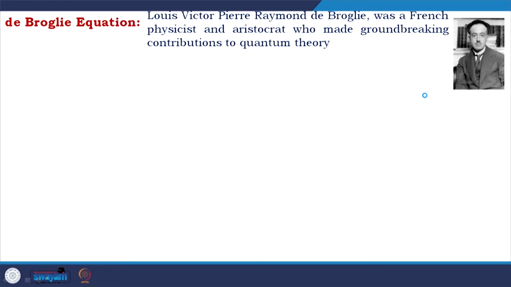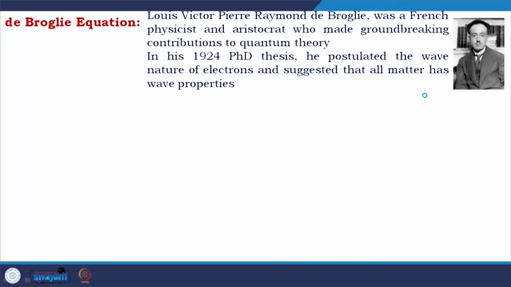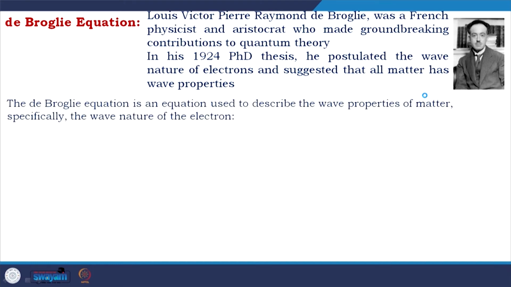You would be surprised to know that this contribution was made while doing his doctoral studies. In his 1924 PhD thesis, he postulated the wave nature of electrons and suggested that all matter has wave properties.